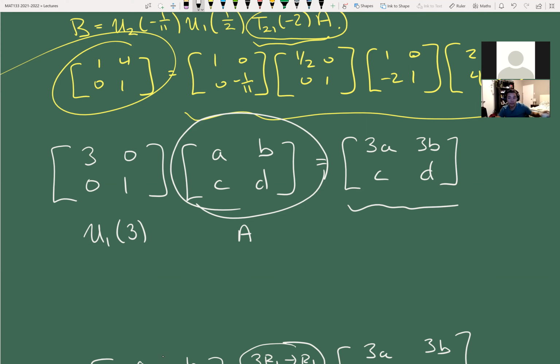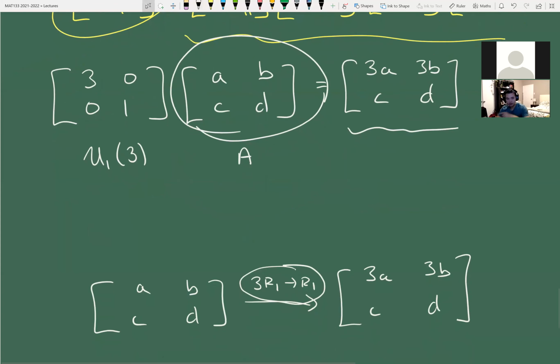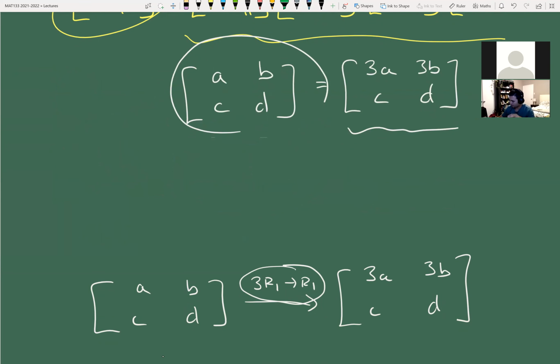No, U13 is the row operation. Look at the original matrix, okay? Completely ignore U13 for now. This is 3R1 into R1. That is that row operation.